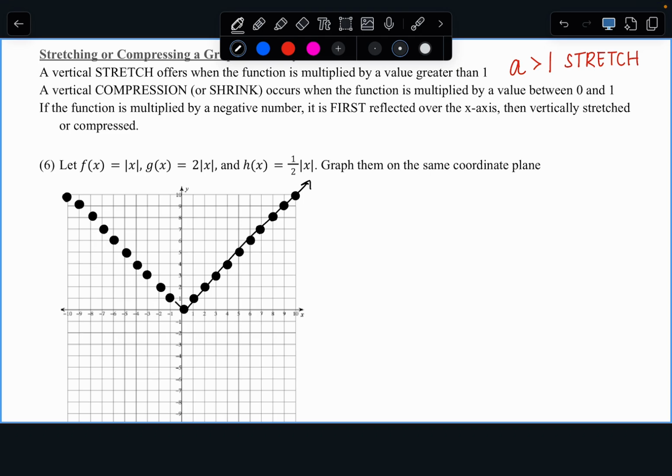So again, this is f of x. g of x means multiply the y value by 2.